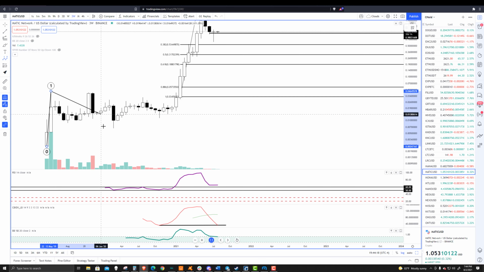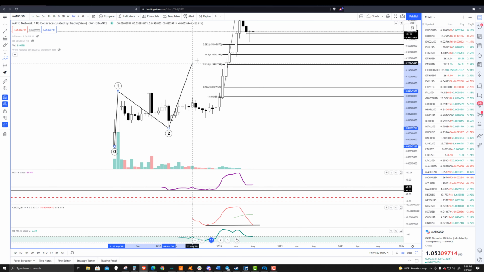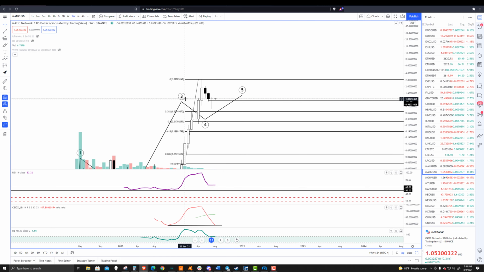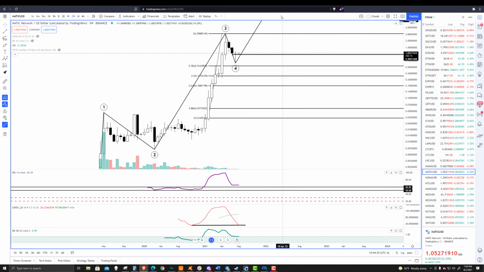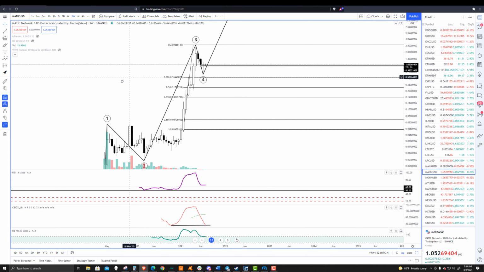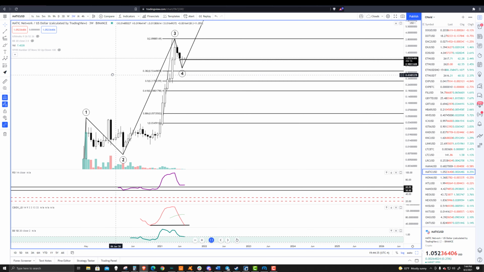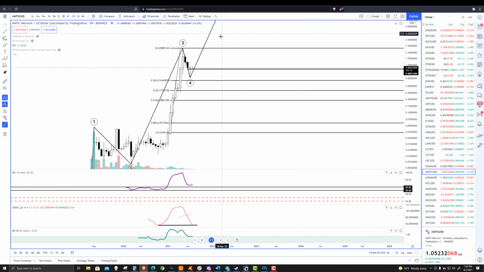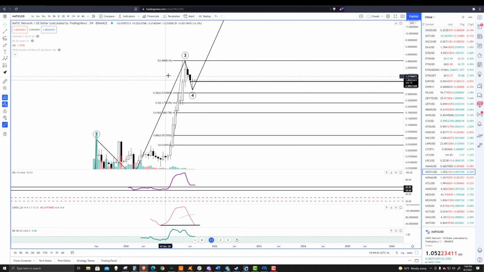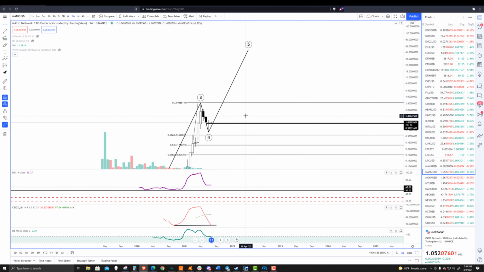We got 1, 2, and let's say 3's up there, and 4 terminated down here, and 5 is up there somewhere. Whereas I look at this like here would be 3. If we were starting off with the first leg up here, 3 would be 1. Anyways, let's not confuse everybody.